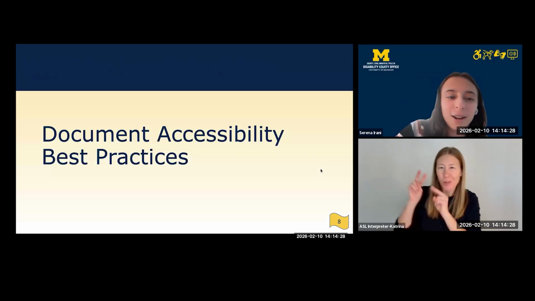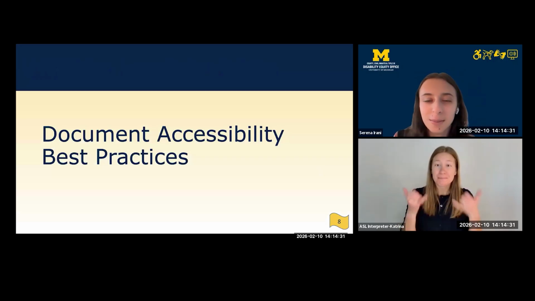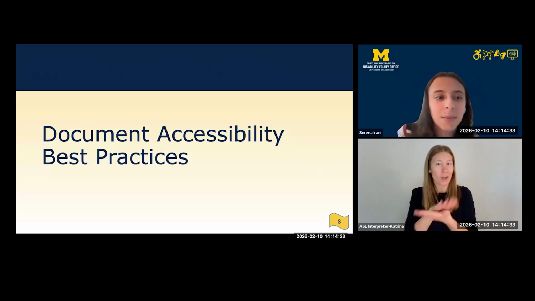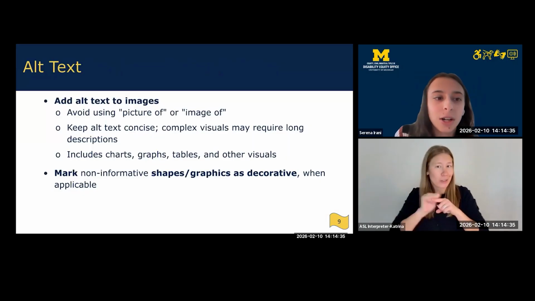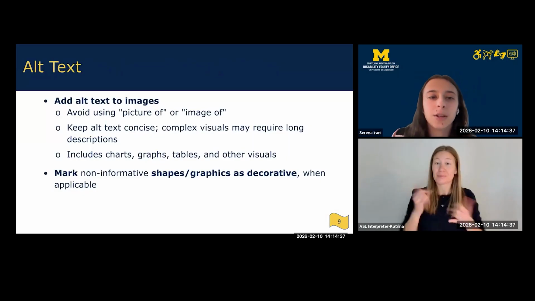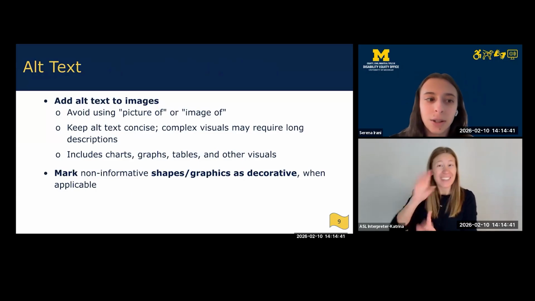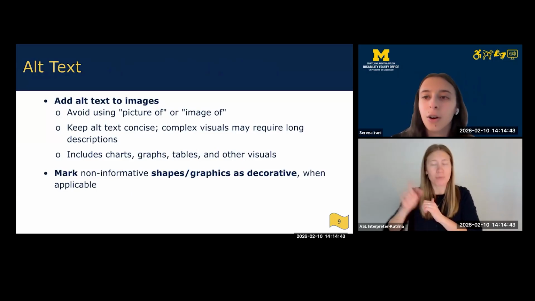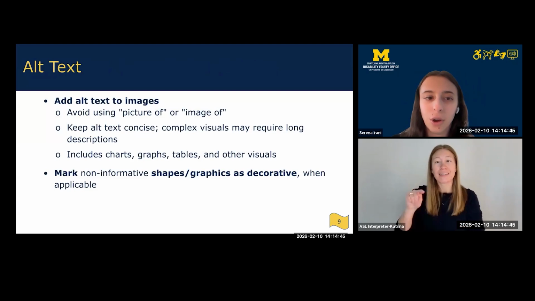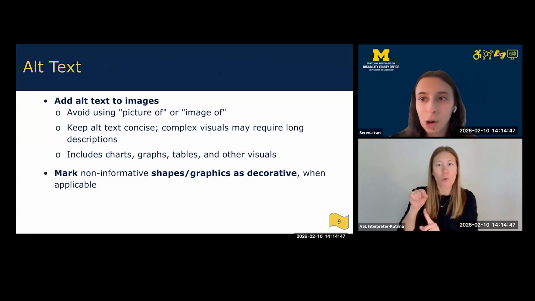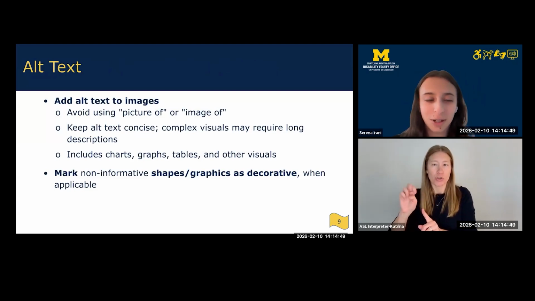Okay, moving on now to document accessibility best practices. So starting out with alt text. To have an accessible image, you need to include a text description or a text alternative along with it. We usually call this alt text for short.